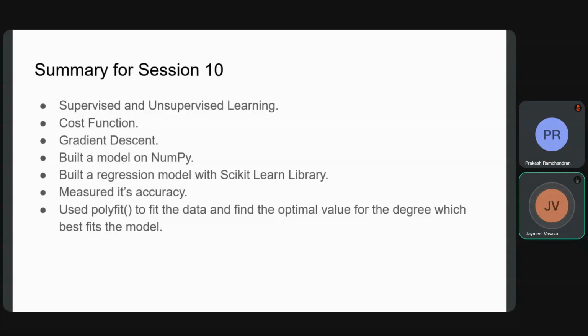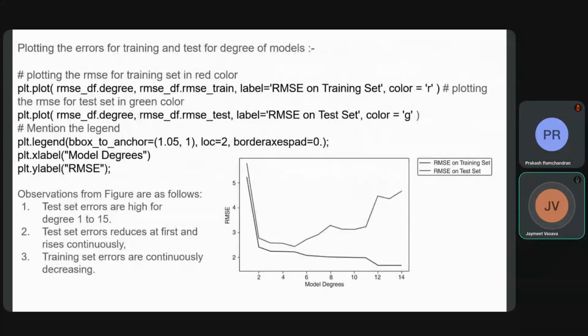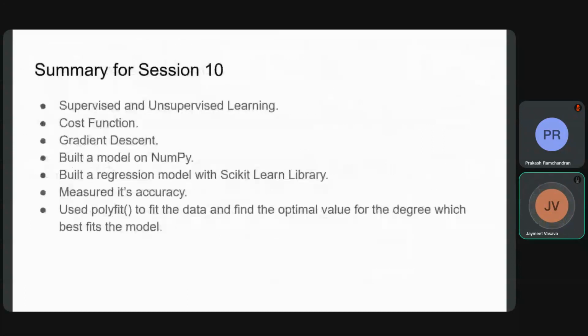We used polyfit and defined our own function called fit poly, which takes in the degree of the polynomial, and plotted different graphs for different model degrees, with their performance compared on the test and train split and the error on the y-axis, getting the optimal value for the model.